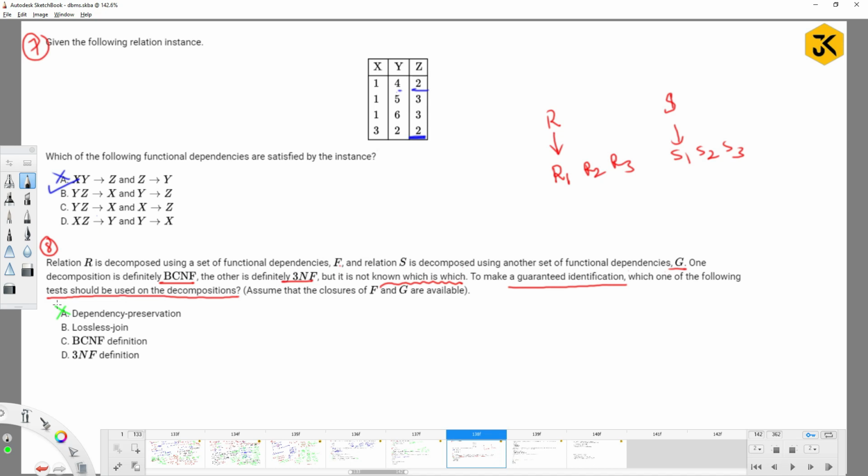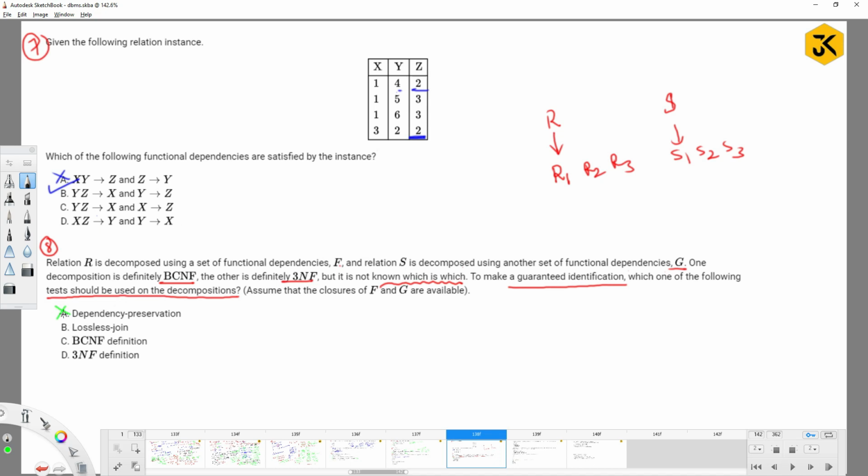But if you go for BCNF, the decomposition can be dependency preserved sometimes, and as per our last example, dependency may not be preserved. So we cannot guarantee; we have two possibilities. With the help of the dependency preserving property, we cannot directly say that it is BCNF or 3NF. Obviously 3NF is there, but we cannot guarantee whether it is BCNF or not. So option A is wrong.